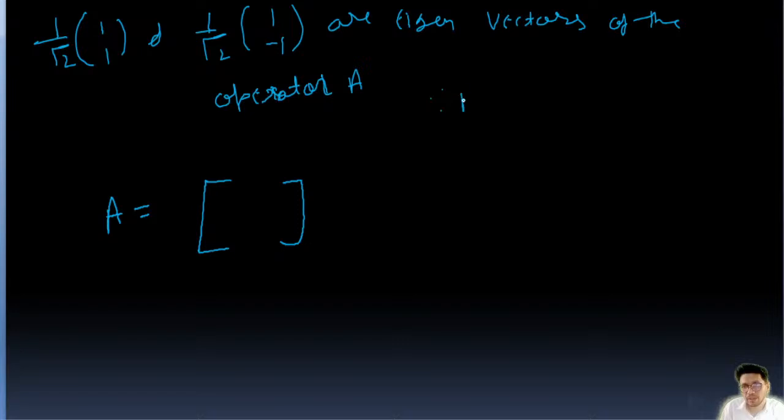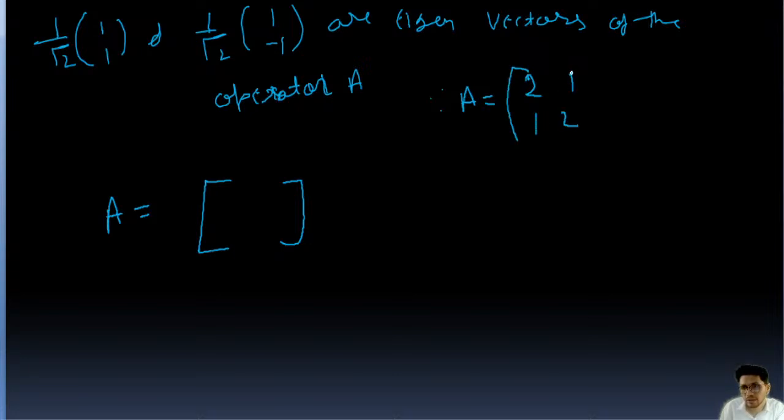We have already been given the matrix representation of operator A in the basis spanned by (1, 0) and (0, 1). This A is given as 2 1 1 2.